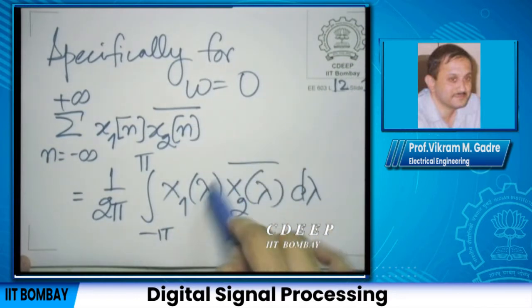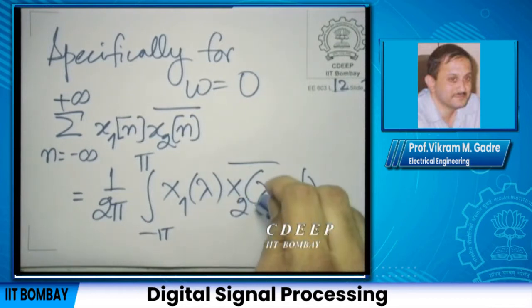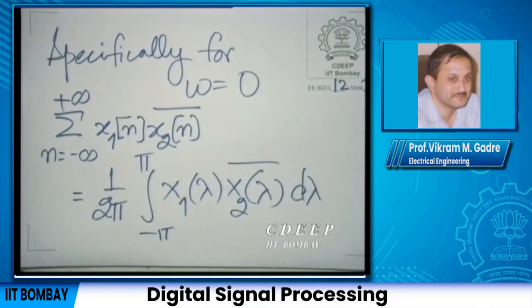Here you multiply corresponding points on the discrete time Fourier transform, that is you multiply the point on one discrete time Fourier transform by the complex conjugate of the other, and you integrate, because here the variable omega is continuous, it is not discrete.